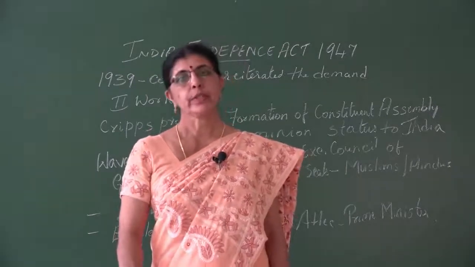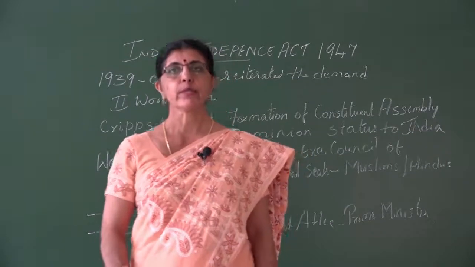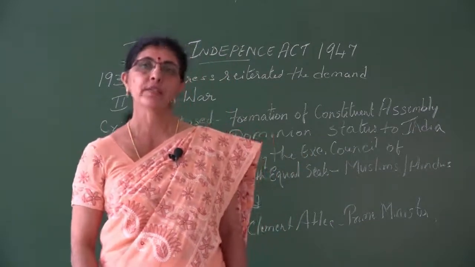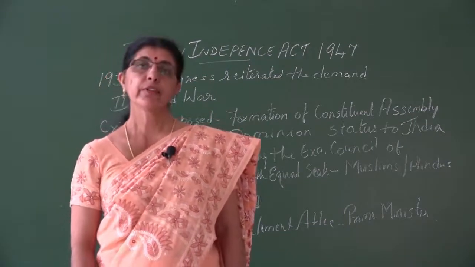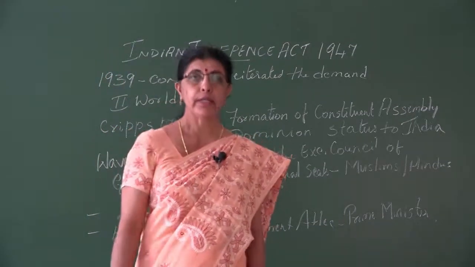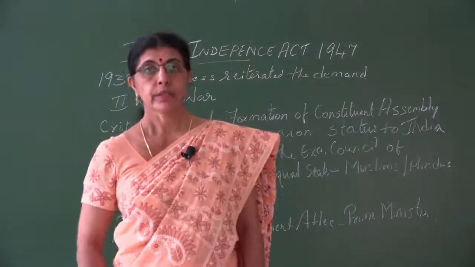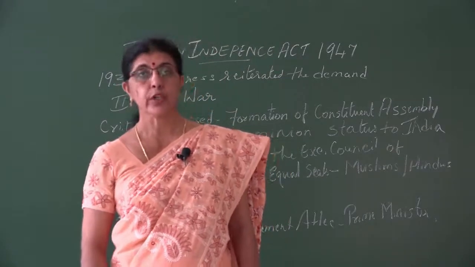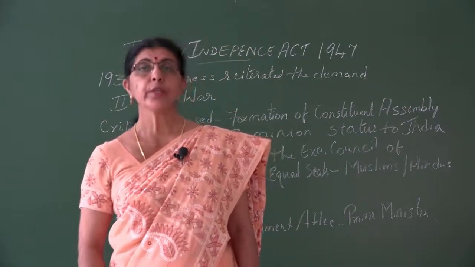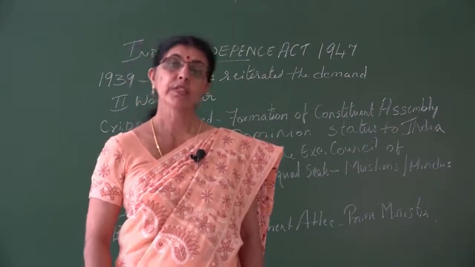Today we will start with the next topic, that is the Indian Independence Act of 1947, which was the last legislation of the British government. The previous act, the 1935 Act, also was a failure, though they recommended that there shall be provincial autonomy, there shall be diarchy, dual government, there shall be a federation, there will be 3 lists.